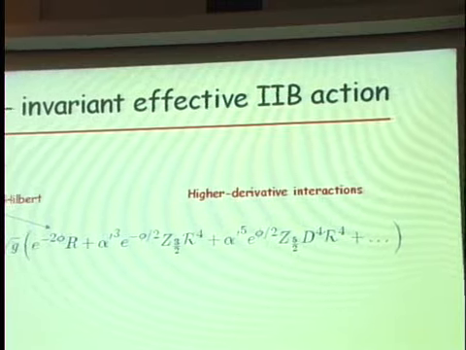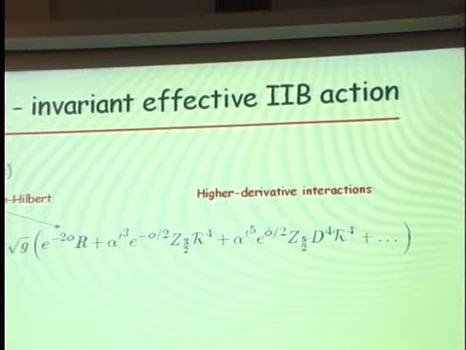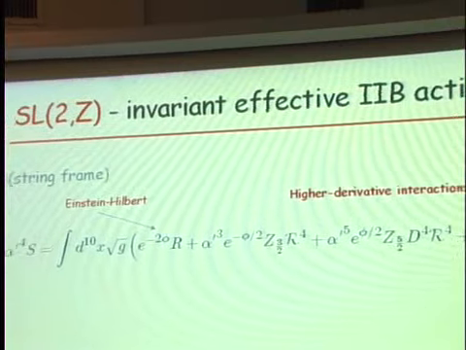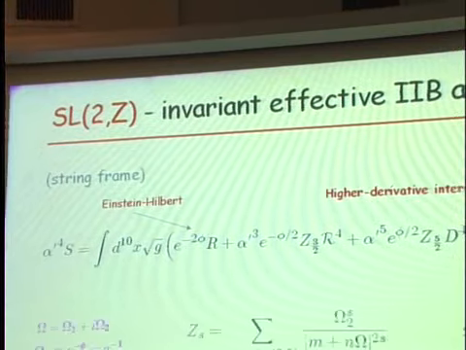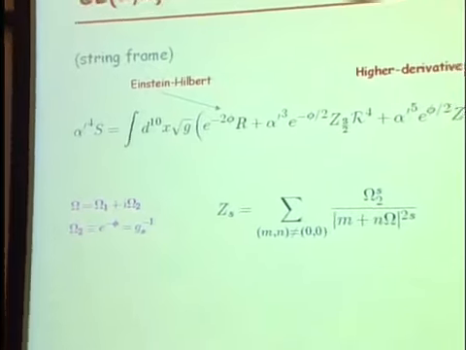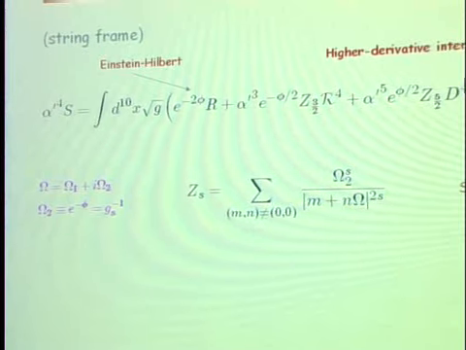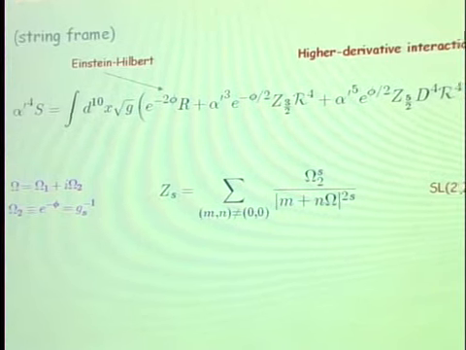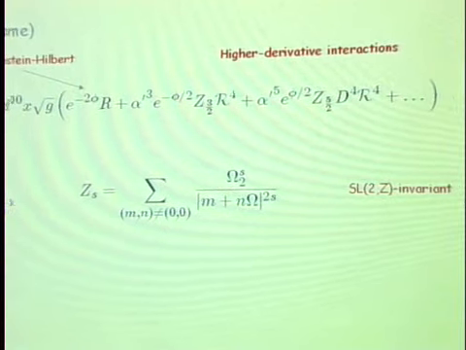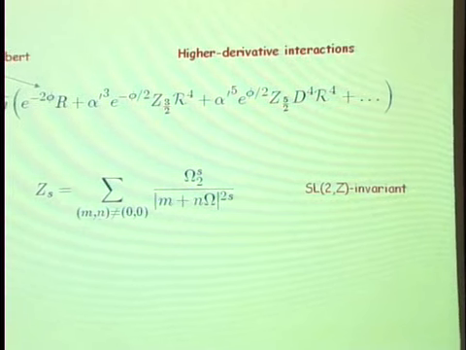So then, in Einstein frame, you just delete the e to the phi's, and the curvature scalar is by itself invariant under SL(2,Z) in Einstein frame, and then these z functions are meant to be modular functions, and we know what those modular functions are. I'll tell you in a minute one way of getting them, but they are simply Eisenstein series, non-holomorphic Eisenstein series, where the notation, since I've used tau already for the worldsheet torus, omega here is the coupling constant, the type IIB string coupling constant, where omega 2 is the inverse coupling. So this is a simple Eisenstein series.